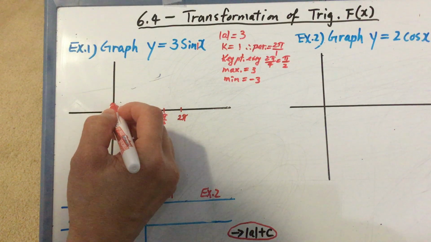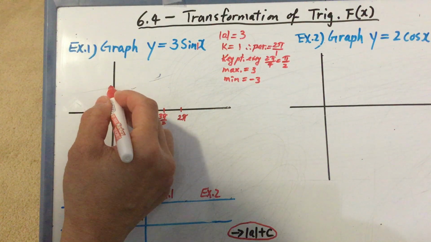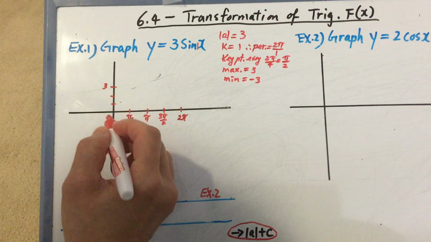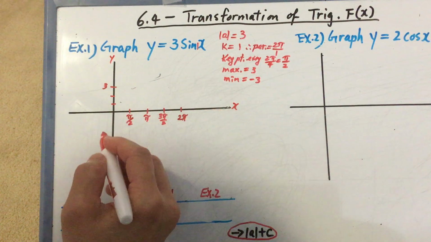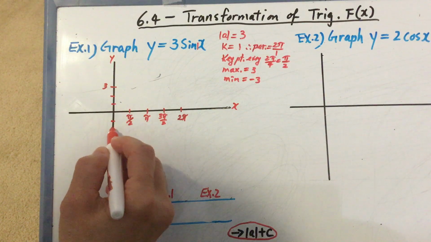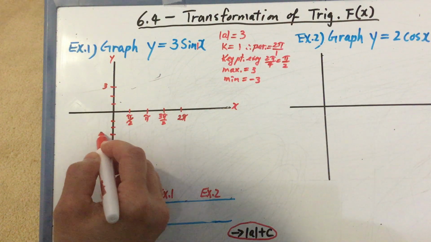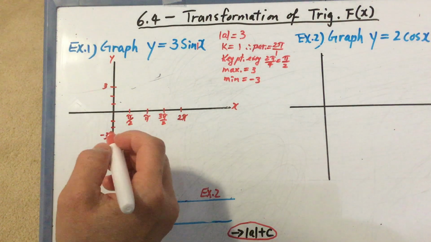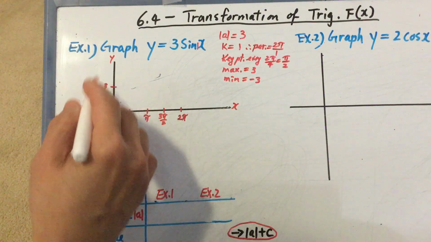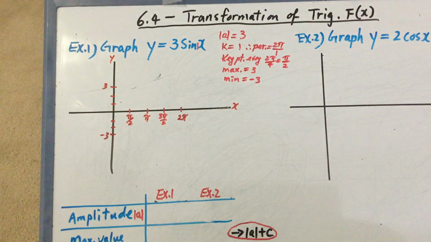So basically, if you give yourself the scale along the y, 1, 2, 3, negative 3 down here, you already have all the scales of the key points. That is basically what you need to label before you start to graph.